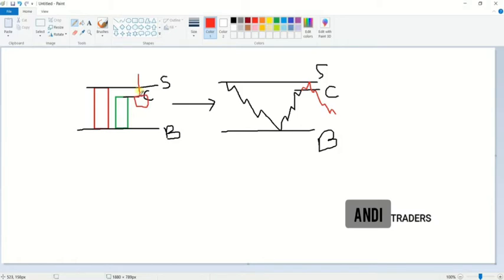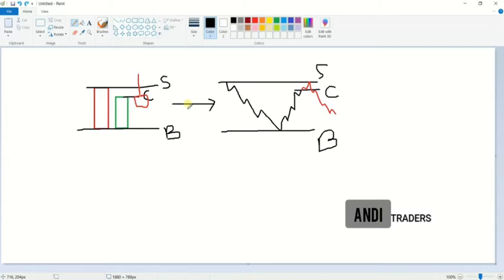Sometimes, because of these strong buyers, we can see a bullish candle again here, but mostly we can see a bearish candle like this at this area.